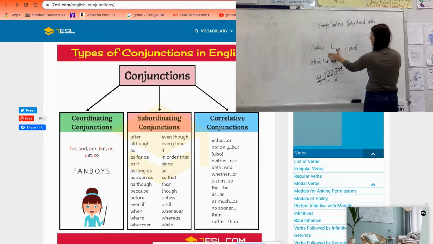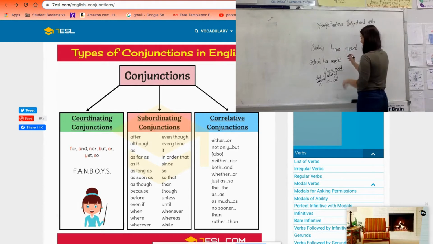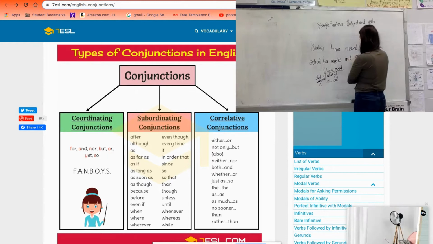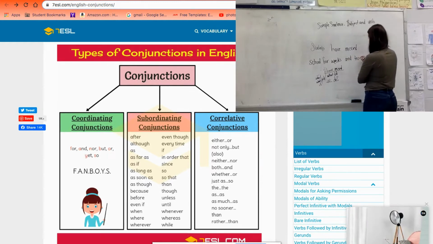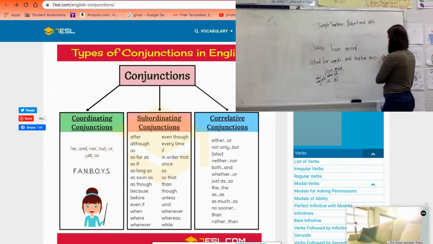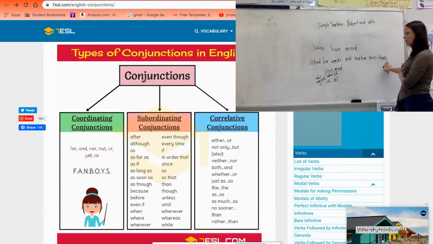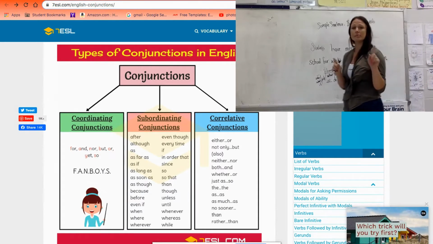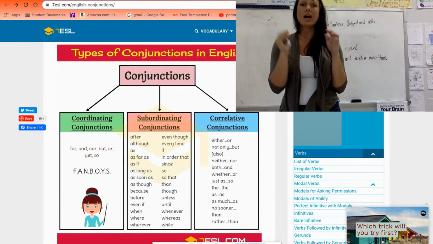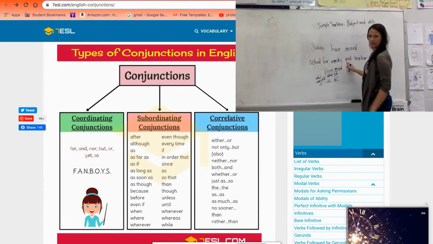So let's look at this. Students have missed school for weeks, and I'm wanting to combine two to make a compound sentence. I'm going to combine my two sentences, and teachers miss, yeah. So now I have my period here. I've learned in class that when I am combining two independent sentences, I'm going to have to use a comma, always on the left-hand side of our conjunction.